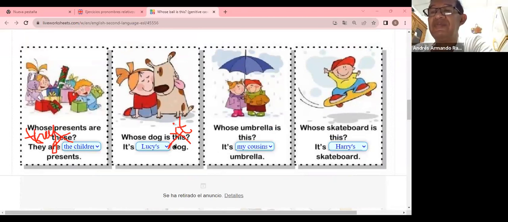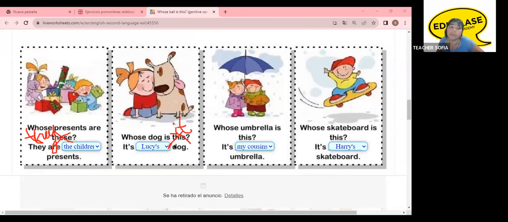The difference is that when we use this, remember that it means that it is close, right? Whose dog is this? Or you can say whose dog is that, because it's not close. So different ways to say the same. We use this because I'm touching the dog or the dog is close. Or we could use another option: that. Whose dog is that? It's because I'm not touching the dog or it's not close.